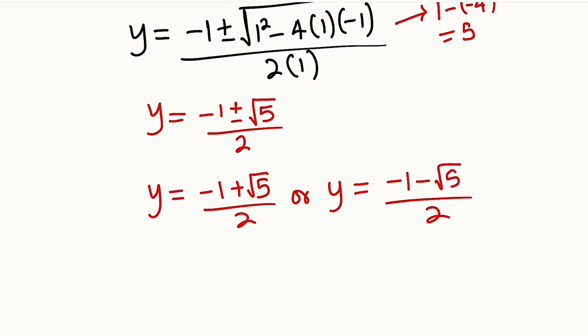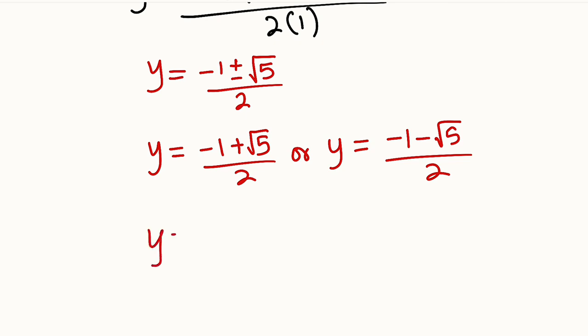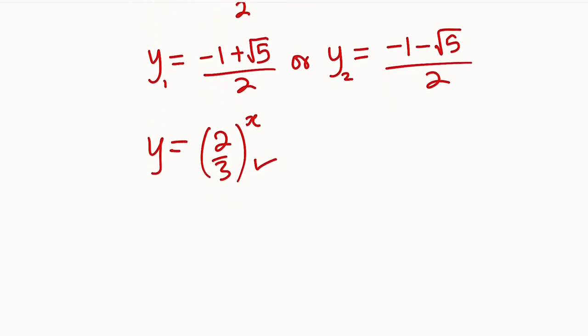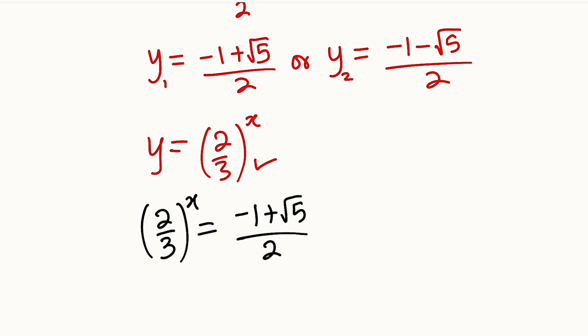But remember, we substituted y as 2 divided by 3 all to the power of x. That is what we need to bring back. So we have two values of y. We have one here and we have the other one here. We are going to relate each with this equation right here. All right. So for y1, we have that 2 divided by 3 to the power of x can be our first y here, which is minus 1 plus square root of 5 divided by 2.